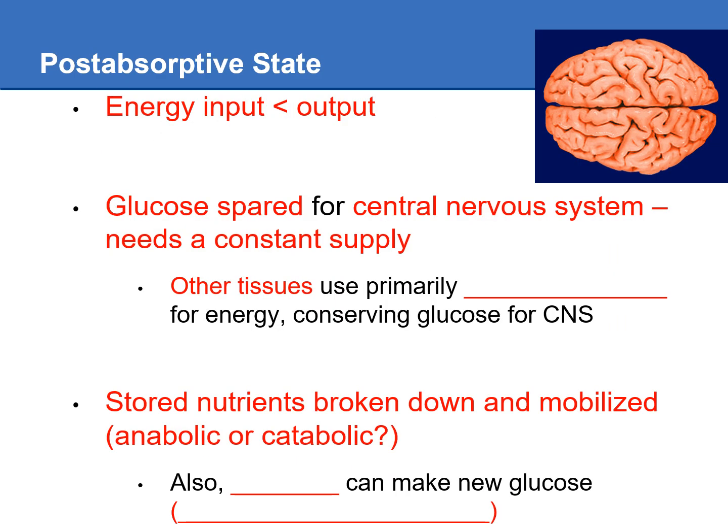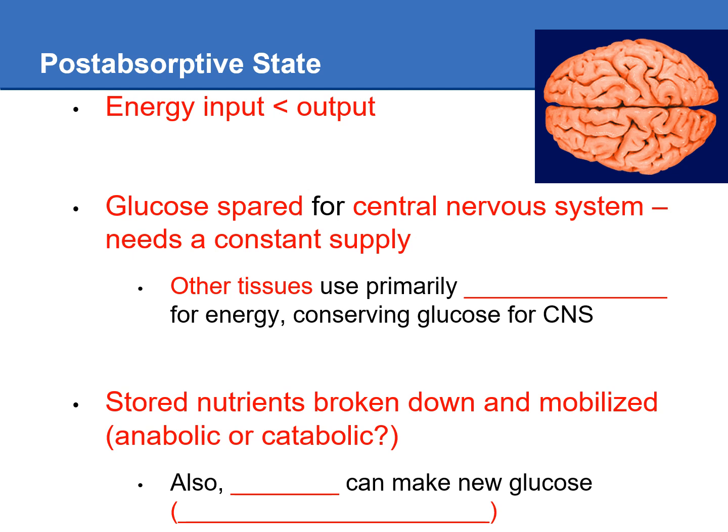Okay, let's move on to the post-absorptive state. So it's been at least 3 to 4 hours since your last meal and until you next eat. So nutrient levels in the blood are getting low. And the body starts to get worried because glucose levels are getting low in the blood.